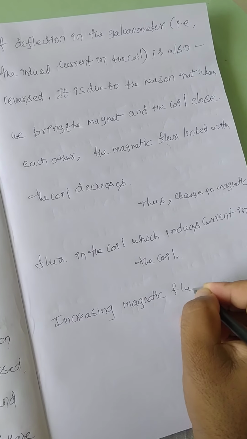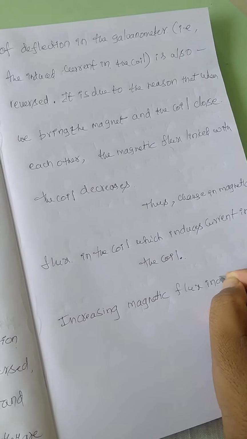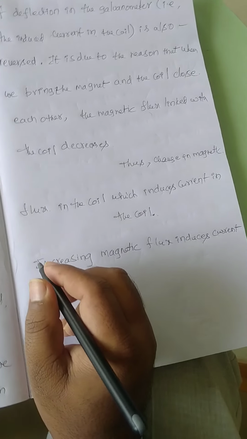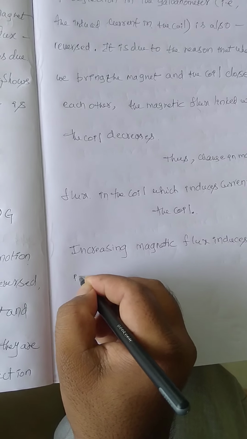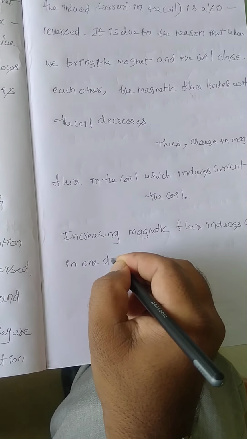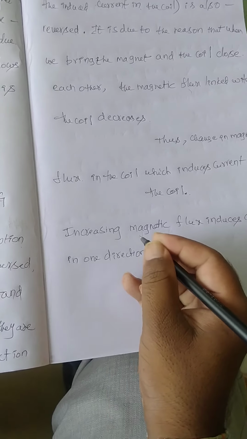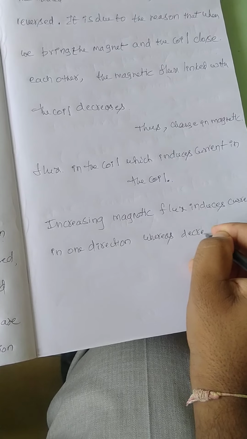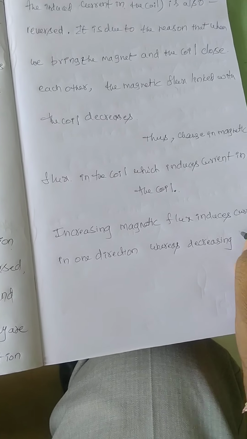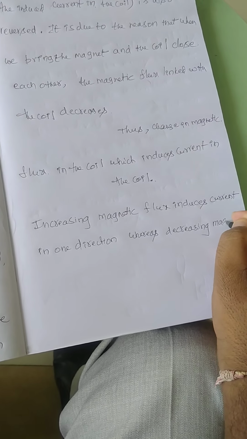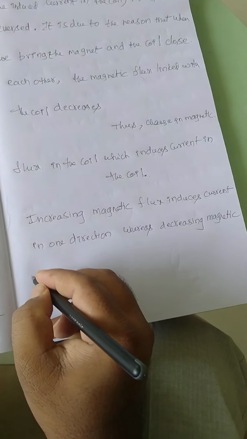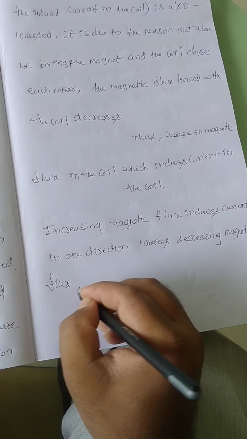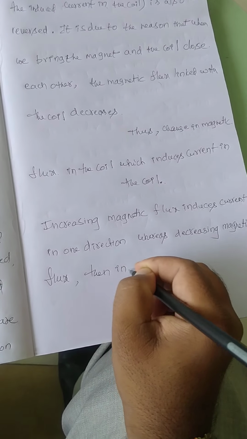Increasing magnetic flux induces current in one direction, whereas decreasing magnetic flux induces current in the opposite direction.